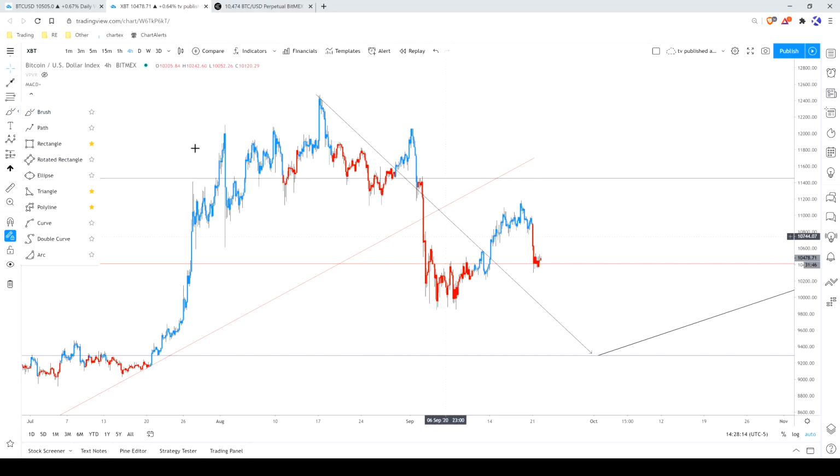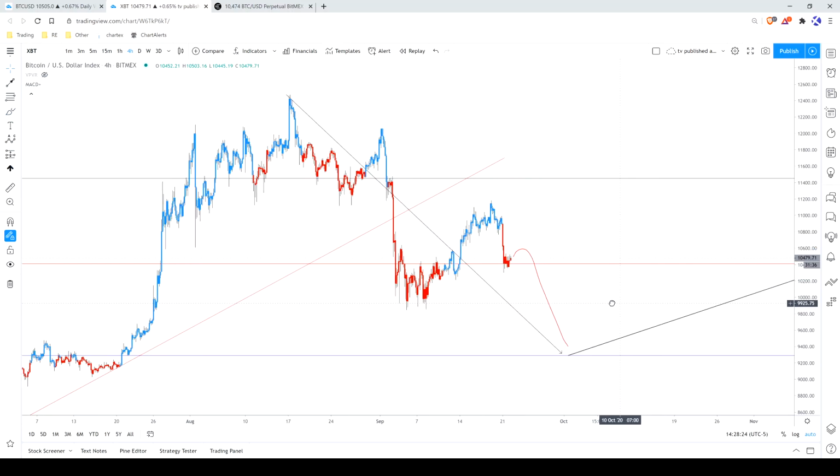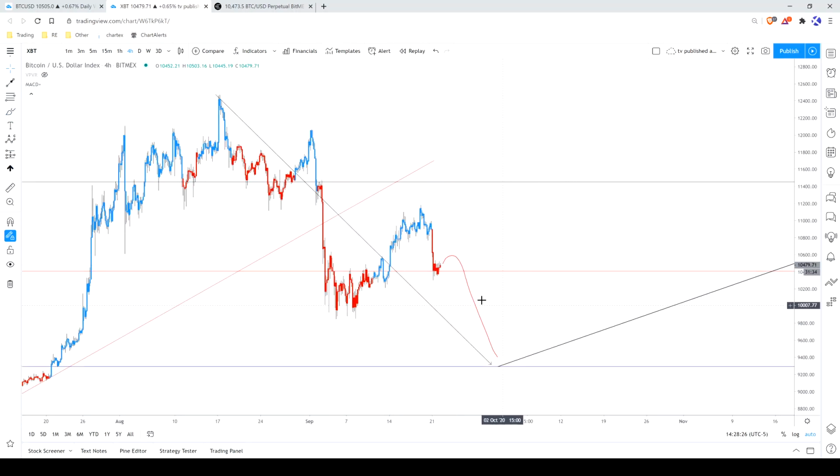Which on the chart could correlate to something like this. So for me, I continue to watch for opportunities to add to shorts. I am not bullish. I'm not even looking for longs.